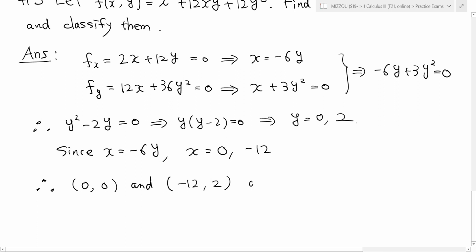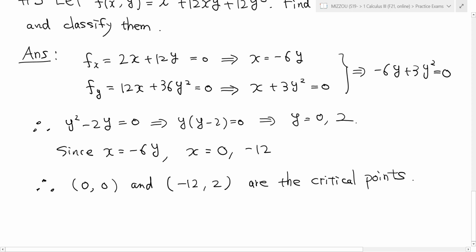Then each of those gives you either a local maximum, a local minimum, or a saddle point.